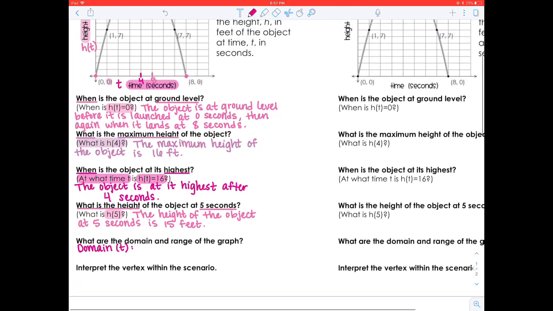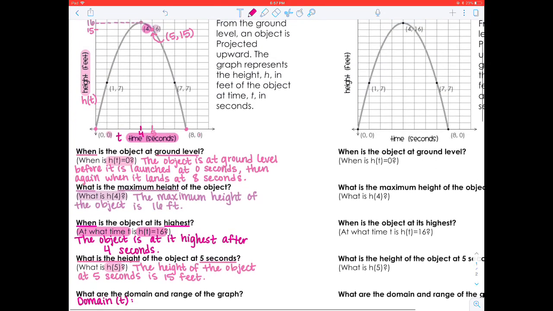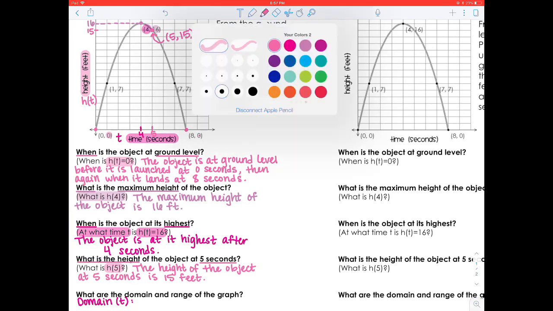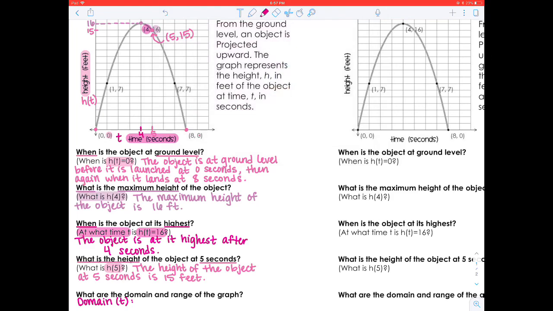Okay, and if we look at this graph that's representing this object, we want to write an interval that shows the smallest time to the biggest time that this object is launched for. So we're looking at our x-axis here, from here to here. And that smallest time is 0 seconds. And then the biggest time where it lands is 8 seconds.